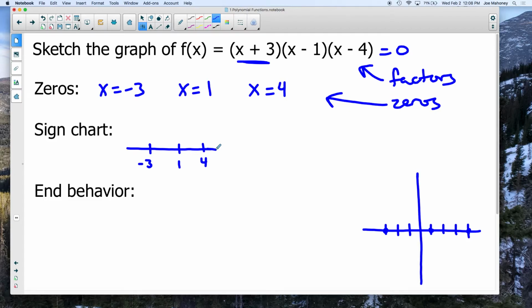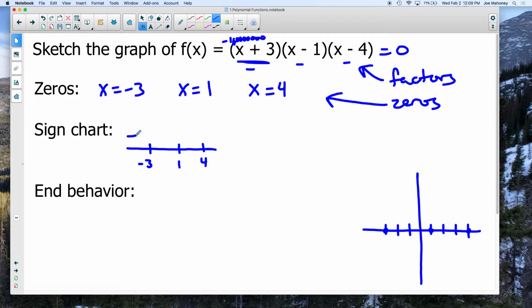If I plug negative 1 billion in for x, negative 1 billion plus 3 is a negative number. Negative 1 billion minus 1, that's still a negative number. Negative 1 billion minus 4, that's still a negative number. So I get a negative times a negative times a negative, which is still negative.